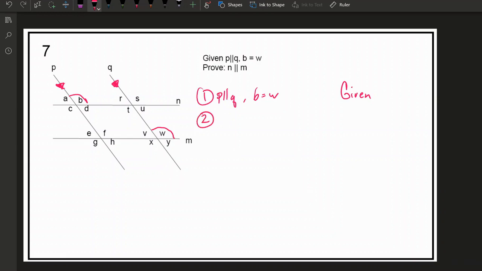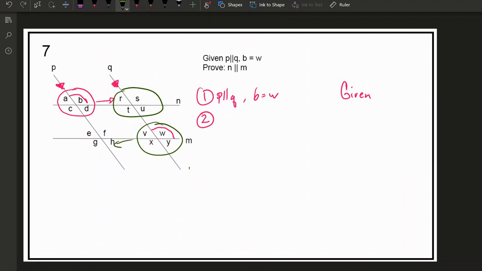So the next thing that I can do here is I can jump from a cluster in the P line over to the cluster in the Q line. So where that's going to be helpful here is either by taking an angle from this cluster and comparing it to an angle in this cluster, or I could also go the other direction, take something from here and bring it over to here.